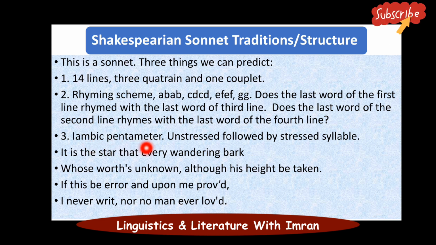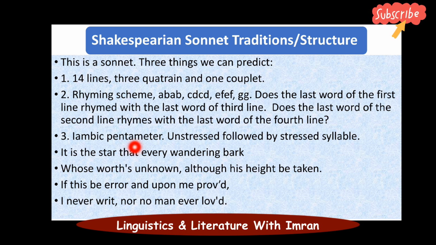And pentameter means that in this meter we will have 5 feet. Penta means 5. So in this meter we will have how many feet? 5 feet, and we will have 10 syllables. In each foot we will have 2 syllables, the first unstressed and the second stressed.